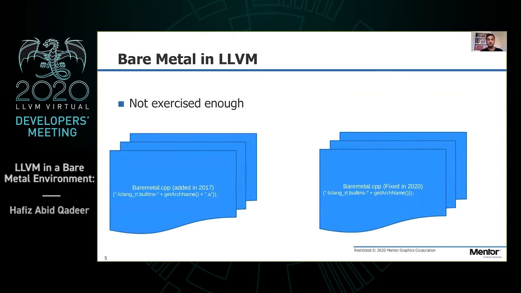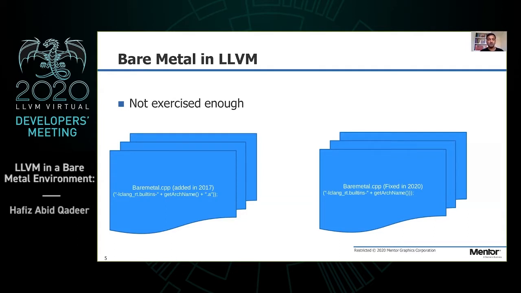So what are the challenges of a bare metal toolchain in LLVM? In my opinion, the biggest challenge probably is that there are not many bare metal LLVM toolchains around, so a lot of the code paths don't get exercised enough. For example, look at BareMetal.cpp. This file was added in 2017, and it has a small typo where .a was not needed.